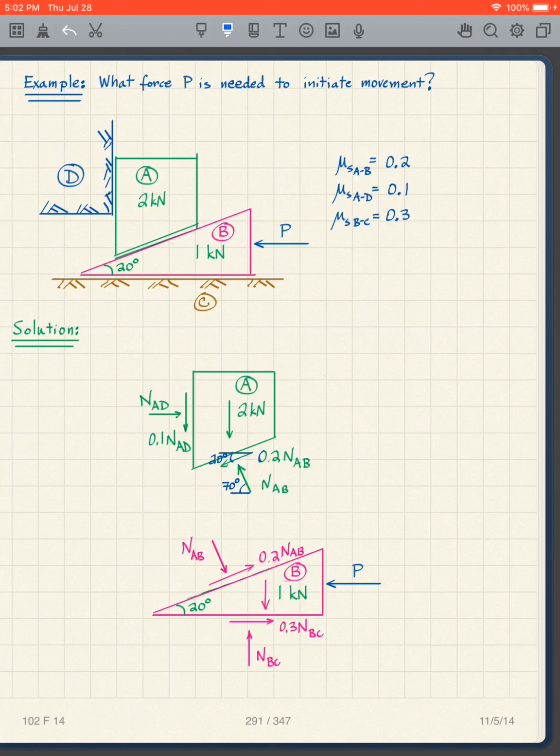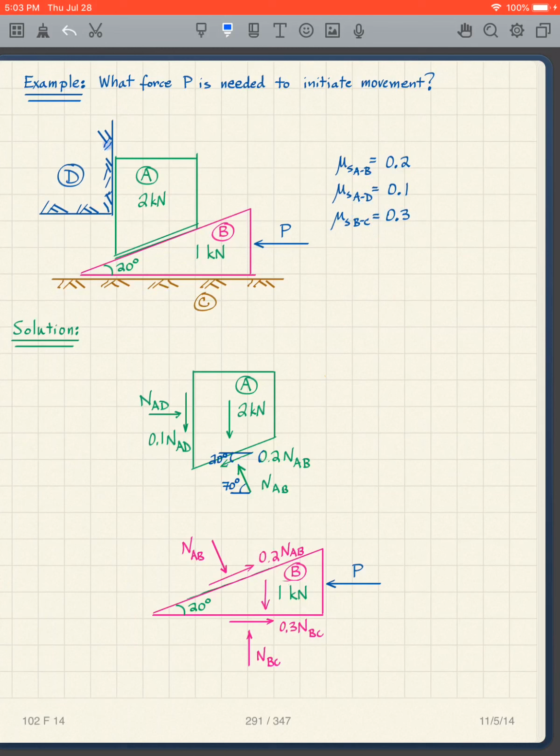So initiating movement, of course, is just overcoming the static friction. So these are all mu s, and then I have surface AB, which is 0.2, surface AD, which is 0.1, and surface BC, which is 0.3.